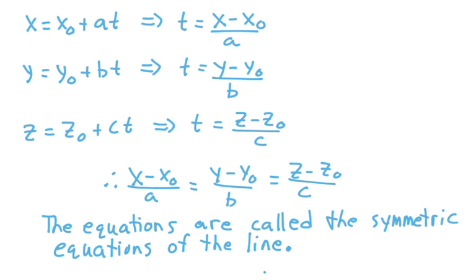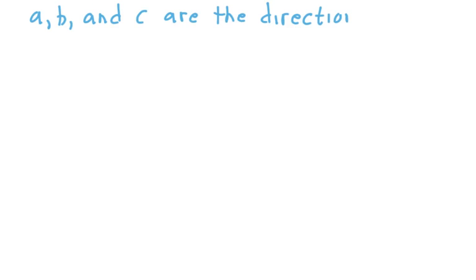And a, b, and c are the direction numbers. And maybe I should add, they're the direction numbers of the line.